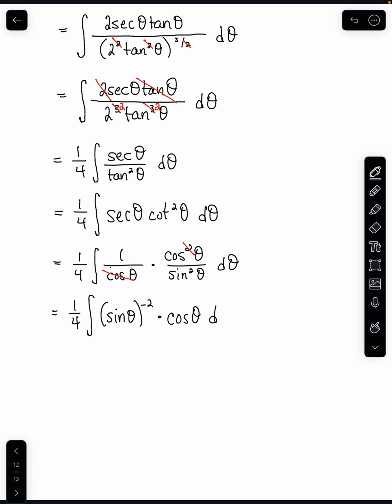With u is equal to sine theta. So that du is equal to cosine theta d theta. And our integrand now becomes simply u to the negative 2.